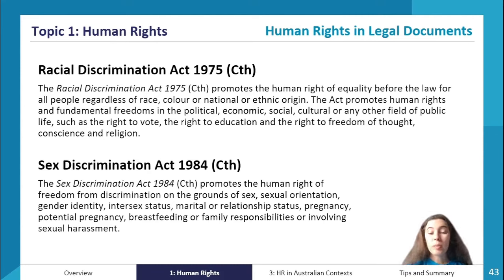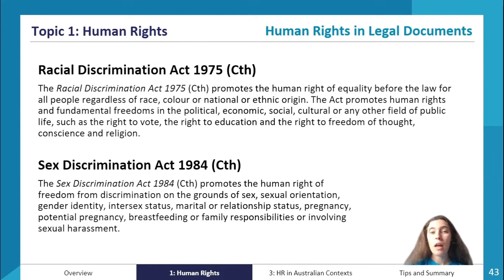So the Sex Discrimination Act 1984 is, of course, promoting the human right of freedom from discrimination on the grounds of sex, but then also on the grounds of sexual orientation, gender identity, intersex status, marital or relationship status, pregnancy, potential pregnancy, breastfeeding, or family responsibilities, or involving sexual harassment.